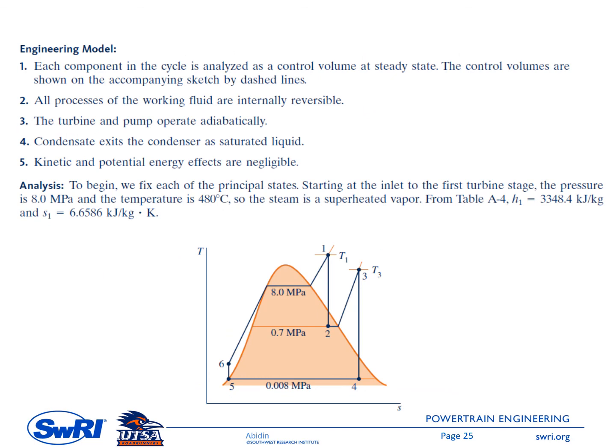Okay, this is the engineering model or assumptions. First, each component in the cycle is analyzed as a control volume at steady state. So these are the keywords: control volume and steady state. Then all processes of the working fluid are internally reversible.